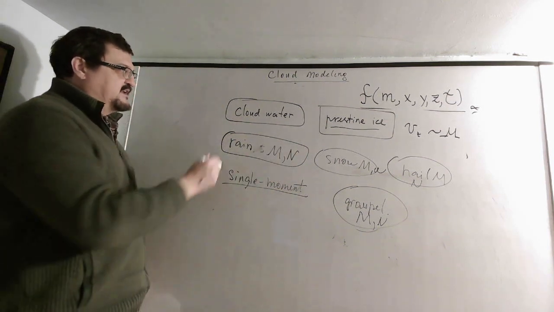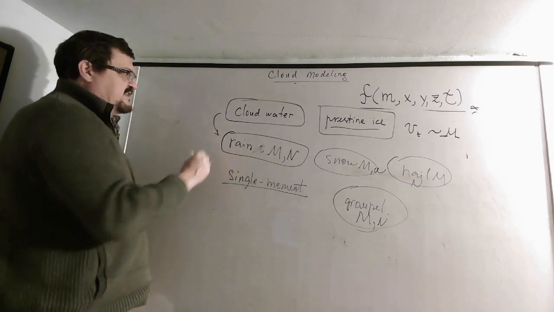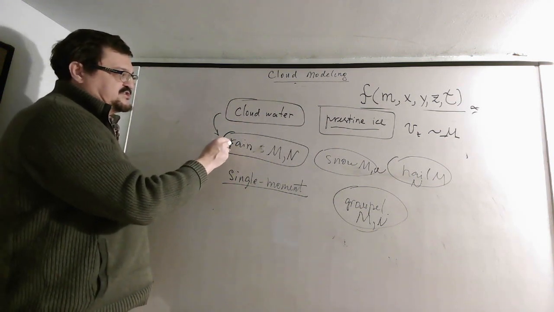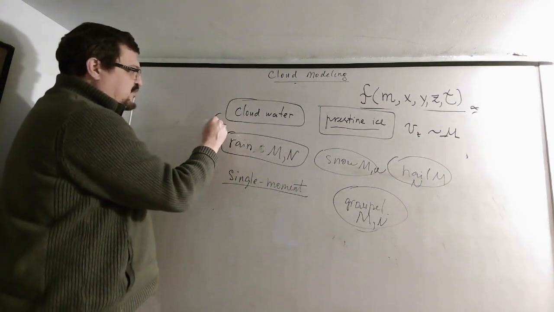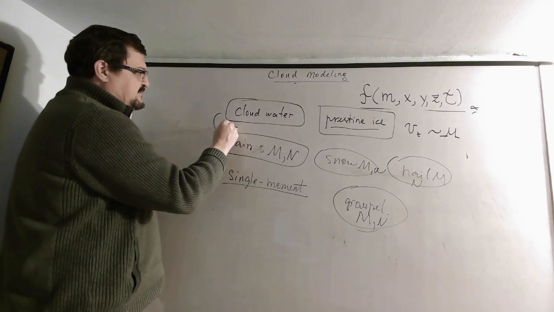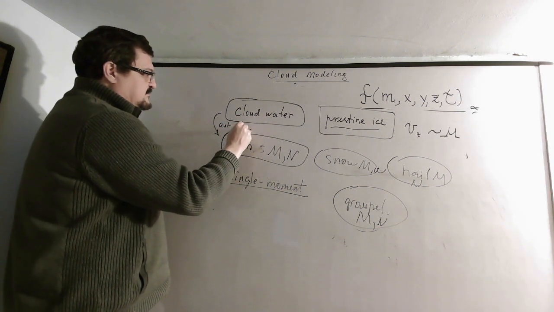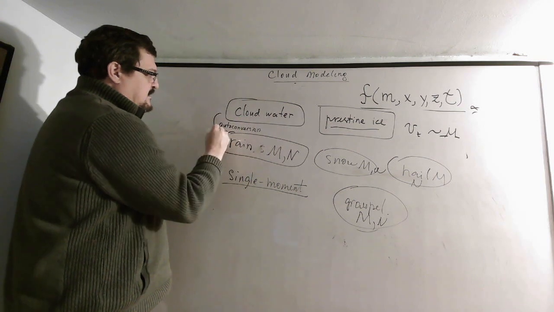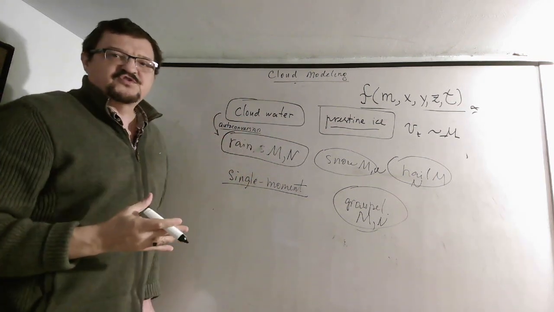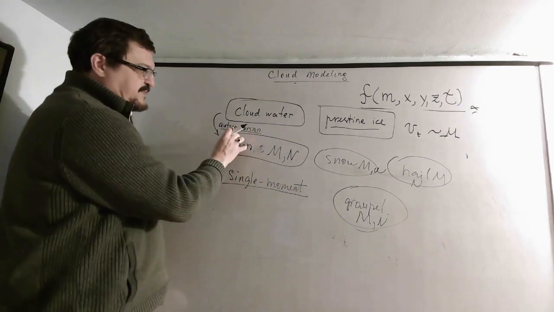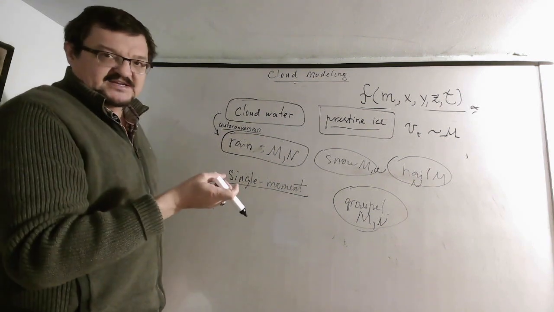So, for example, the process of creation of rain from cloud water is called autoconversion. And autoconversion is basically the creation of large particles from collision of small particles.